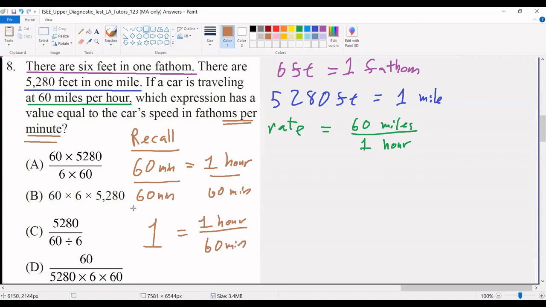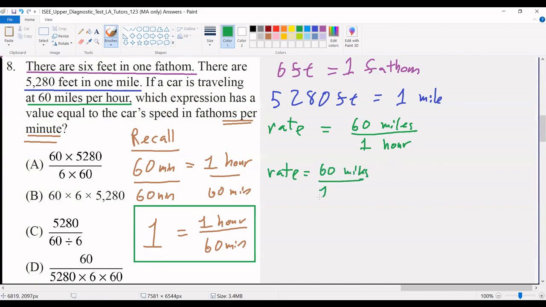And this is our key idea for the rest of this problem. So right now, I'm going to grab the rate is equal to 60 miles over 1 hour, and I'm going to multiply this by the number 1. However, our 1 is going to look a little bit strange. It's going to be 1 hour over 60 minutes.